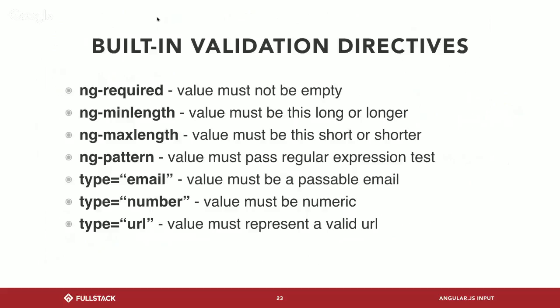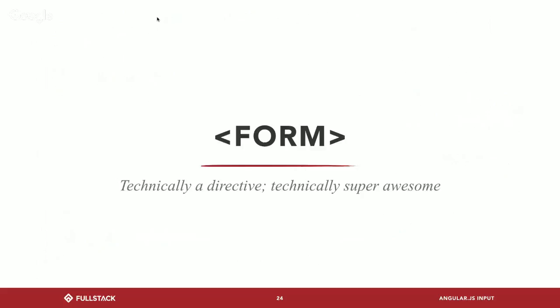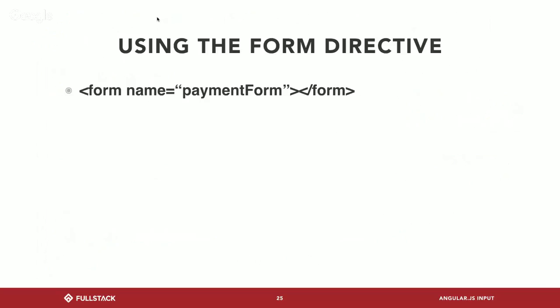And we've seen this too, where a form itself turns out to be a directive, which, just like the ng-model, ends up adding something to the scope, which you could then access. By naming your form, you're going to have something on your scope that you can use to determine whether or not it's valid.